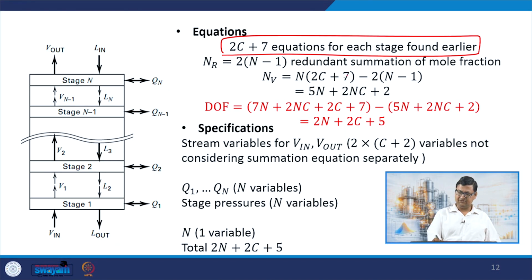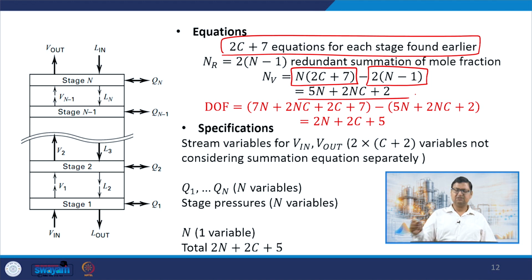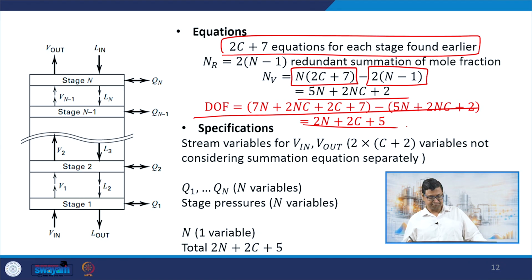So you can see we have n into 2C plus 7, that is the number of equations, but I subtract the redundant ones, which is 2 into n minus 1. For every redundant stream, we have a summation of mole fraction equation, which is basically getting double counted if I do not subtract it. So therefore, I simply subtract 2 into n minus 1 from here, and I get the number of equations, and therefore now we can compute the degree of freedom as something like this.